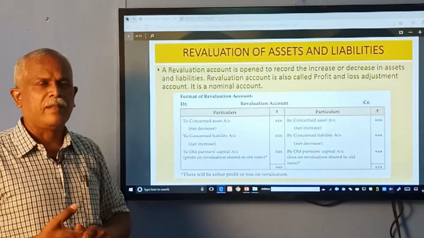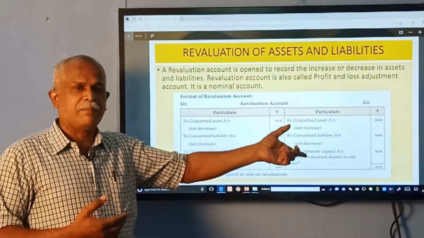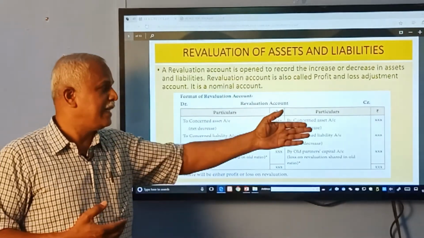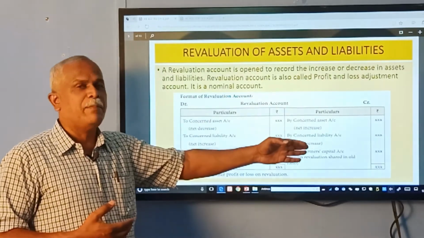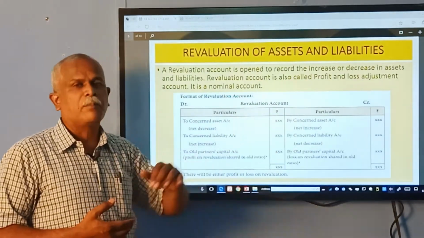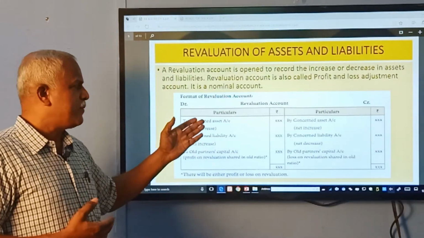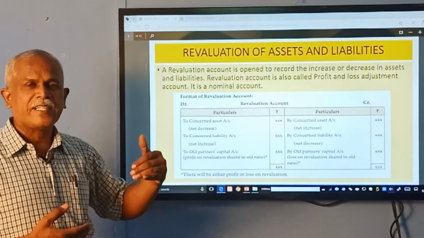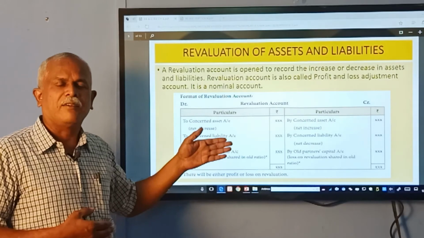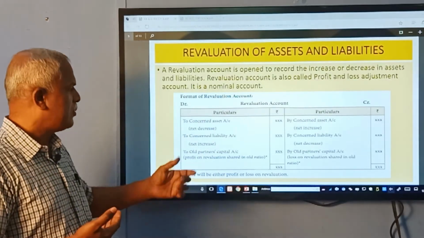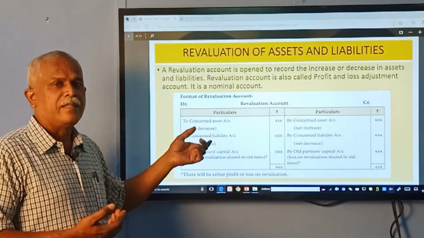Very simple. By looking at the example, we can very well understand. Increase in asset value, or decrease in liability, will result in profit items, and vice versa. If there is a reduction of asset value, it will be debited. If there is an increase in liability, it will be credited. So, such things are put here.